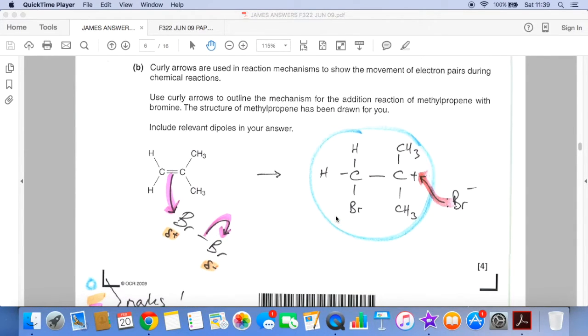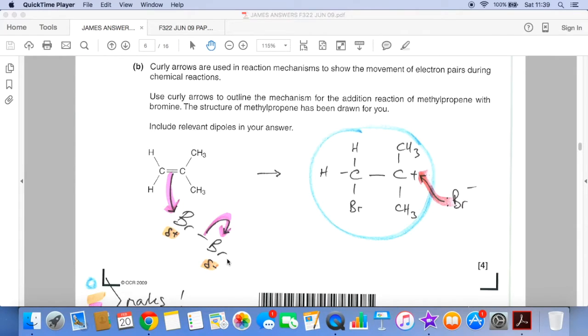The mechanism, so relevant dipole, the carbon-carbon double bond, high electron density, repels the pair of electrons in this covalent bond towards this bromine, so the dipole's this way around. Pair of electrons from the pi bond in the double bond will come out to this bromine.